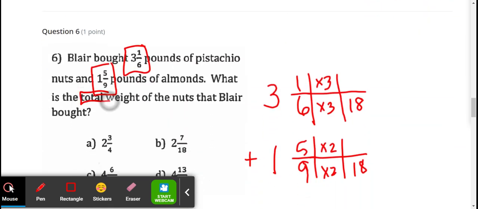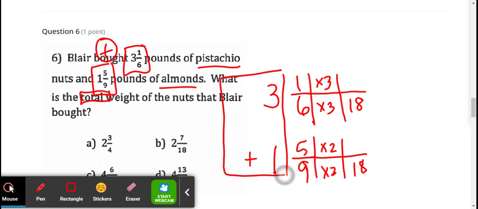So what is the total weight of the nuts altogether? We have pistachios and almonds. So we're going to add these together. We got 3 pounds plus 1 pound. So there's going to be 4 pounds here. And it looks like we can have a common multiple of 18. So 6 times 3 is 18. And then 9 times 2 is 18.